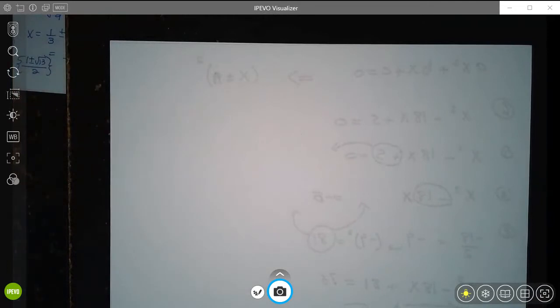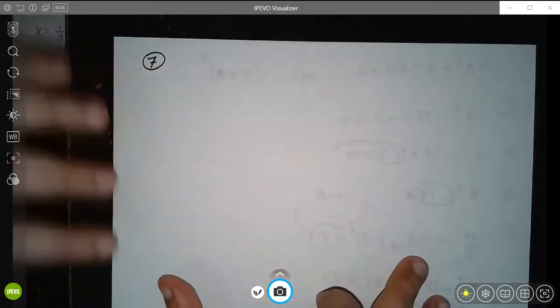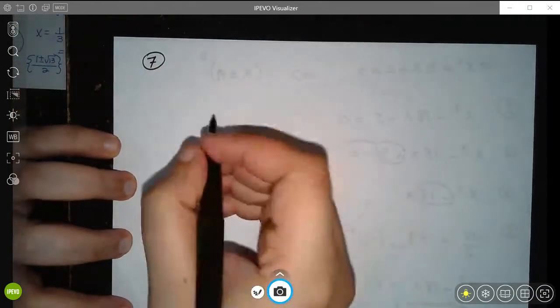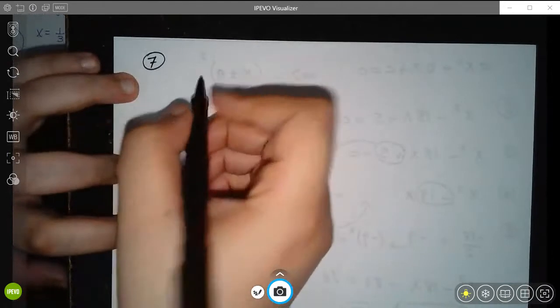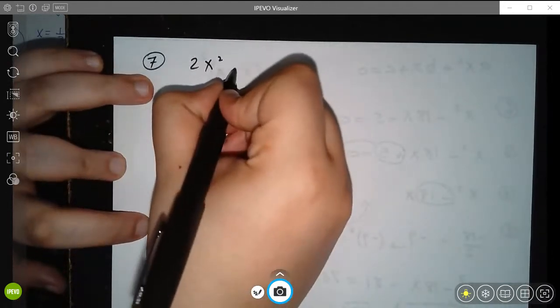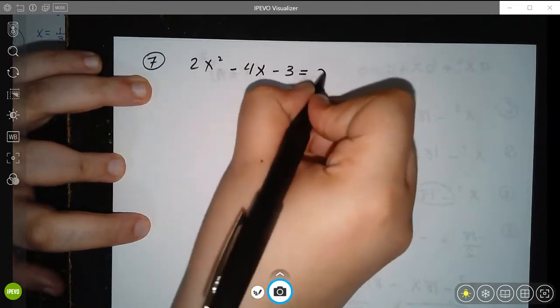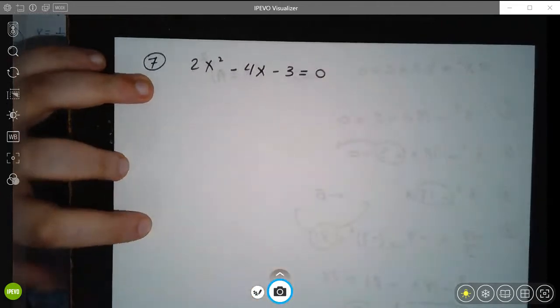All right, let's see. This is number 7 in the notes. Okay, here we go. So the example says 2x squared minus 4x minus 3 equals 0.